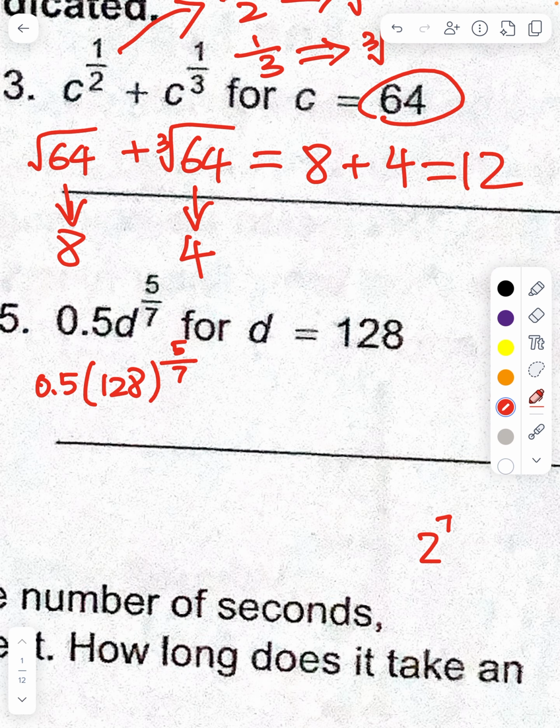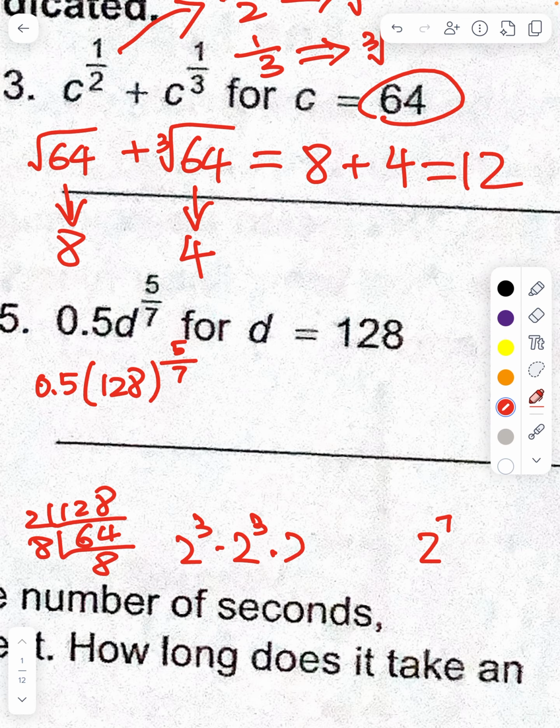Let's double check. So 128, if I divide by 2, that's 64. Yeah, and 64 is 8 times 8. Each 8 is 2 raised to the third power, right?